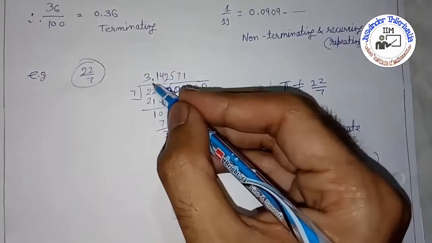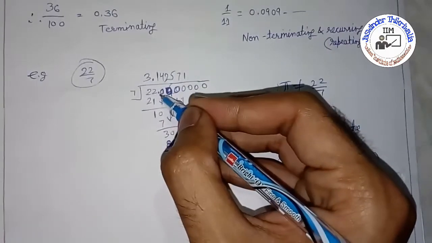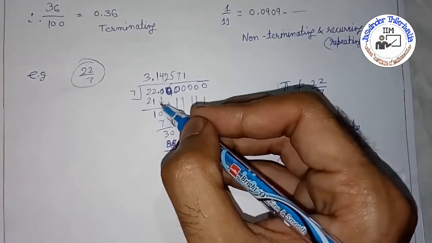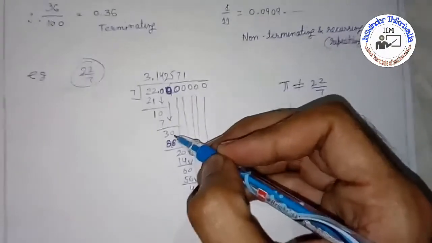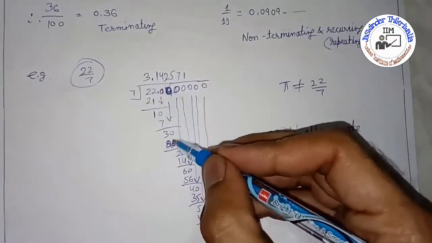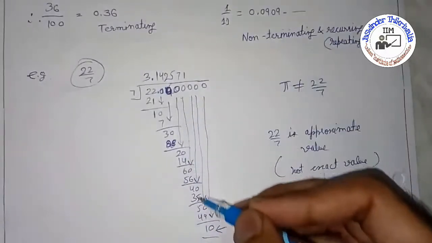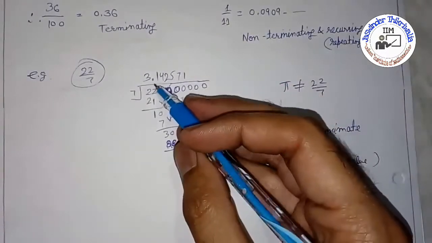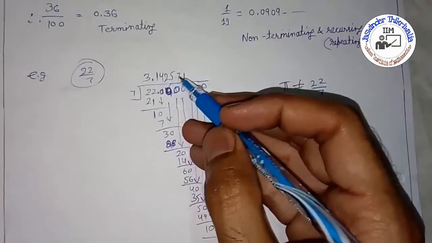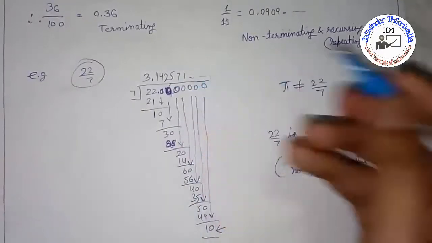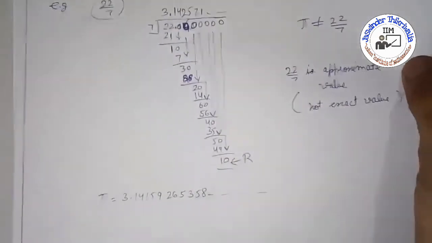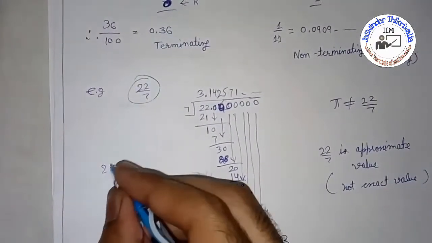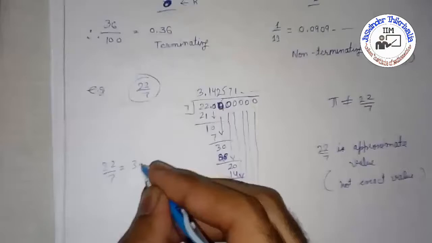Then we will put a point here in the dividend and we will divide it by 7. 7 times 1 is 7, then 30 again, 7 times 4 is 28, again we will take 0. As we proceed further, its answer will be 3.142571 and so on.